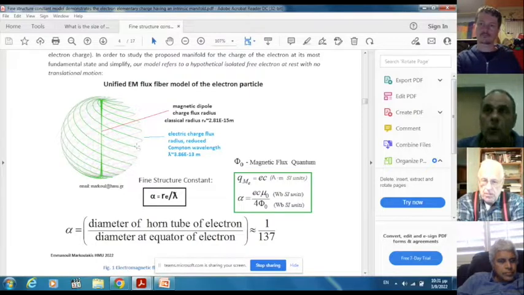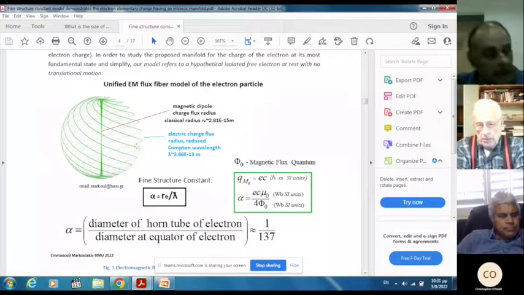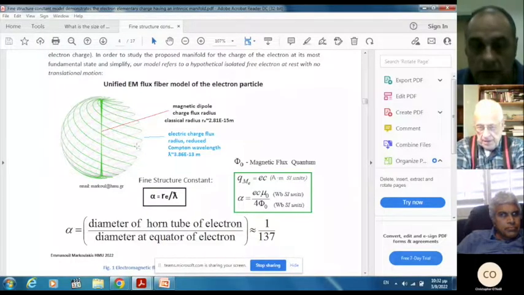But remember, when the electron is inside an atom, it gets the orbital distance. So we can also assume that the electron has some elasticity. When it's inside the atom, it expands to occupy the given orbital radius.